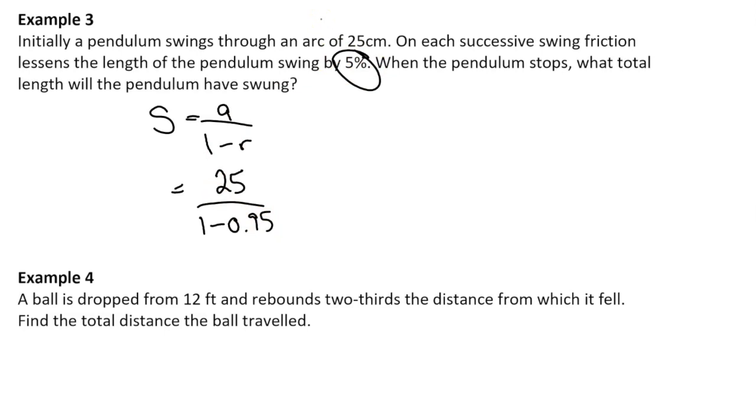So we can say our common ratio will be 0.95. And if you put that into your calculator, you would get something that's going to give you 500. And so based off of that, you could say the total amount that it's going to swing is 500 centimeters.